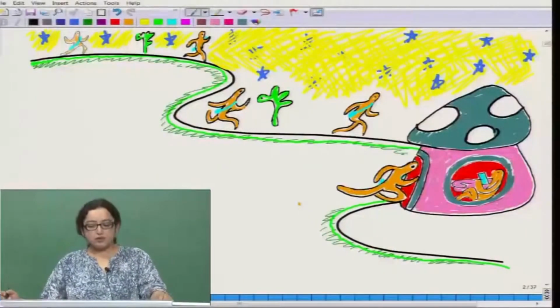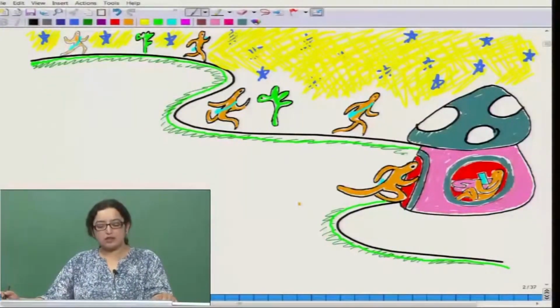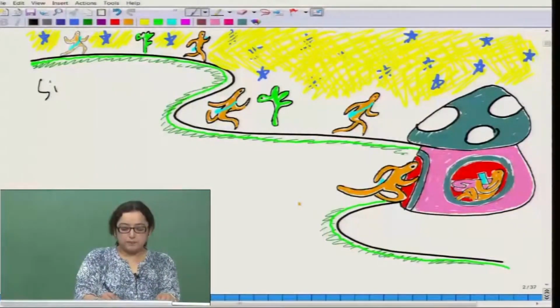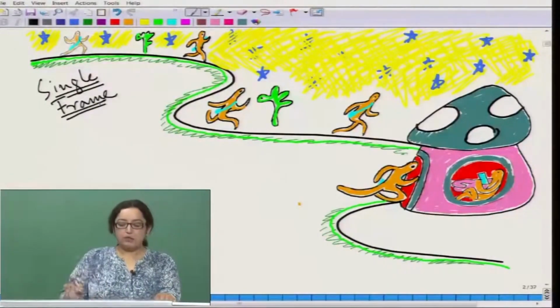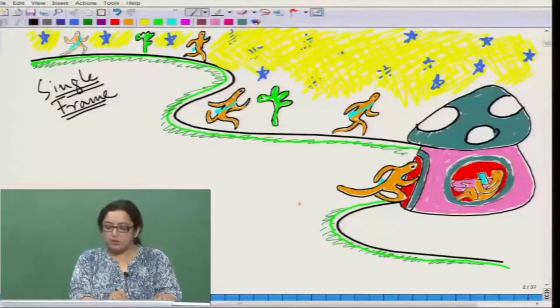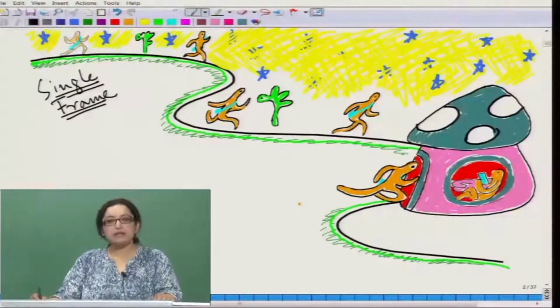Now, this approach is very different from the earlier approach with some similarities. So, in this picture it is done in a single frame. In this frame we get to see the character being repeated quite a few times. So, he is repeated 1, 2, 3, 4, 5 and 6 times.